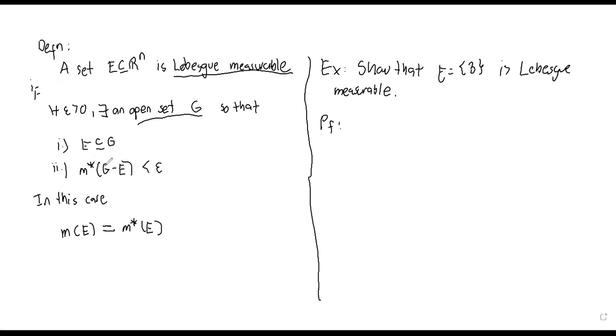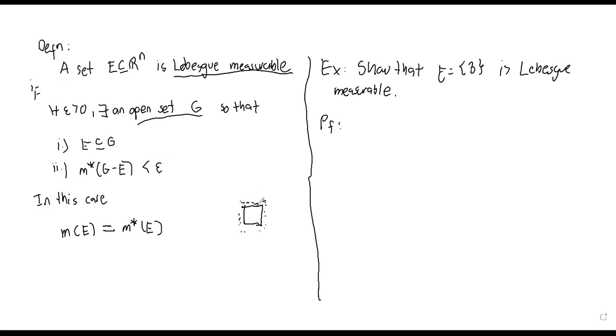Okay? Take note that G minus E, ang ibig sabihin niyan, meron si G na wala kay E. Kung ito si E, if this is E, our G is this. Okay? So, ito yung unang condition.